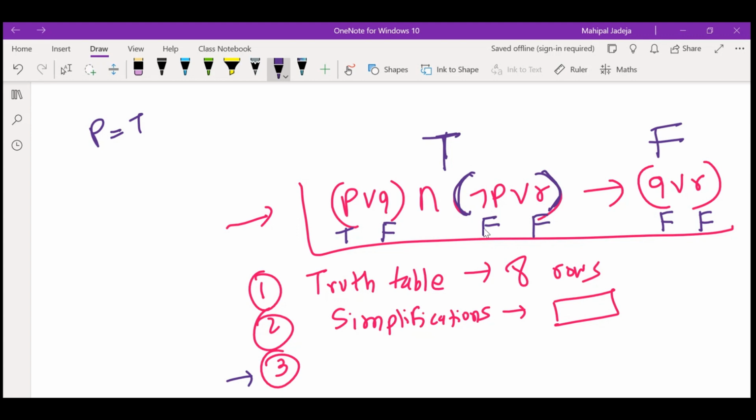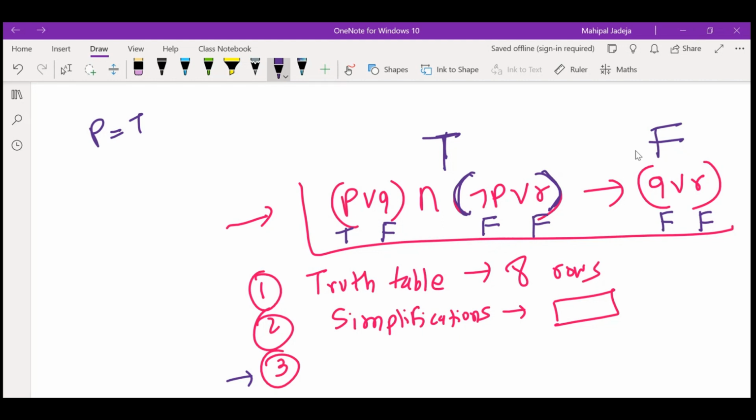So this is always false, and if the truth value is false and then you are taking conjunction with any other proposition, then your final answer will be false, right? So this assignment won't work. So we didn't have choices for Q and R. We mandatorily need to put false only.